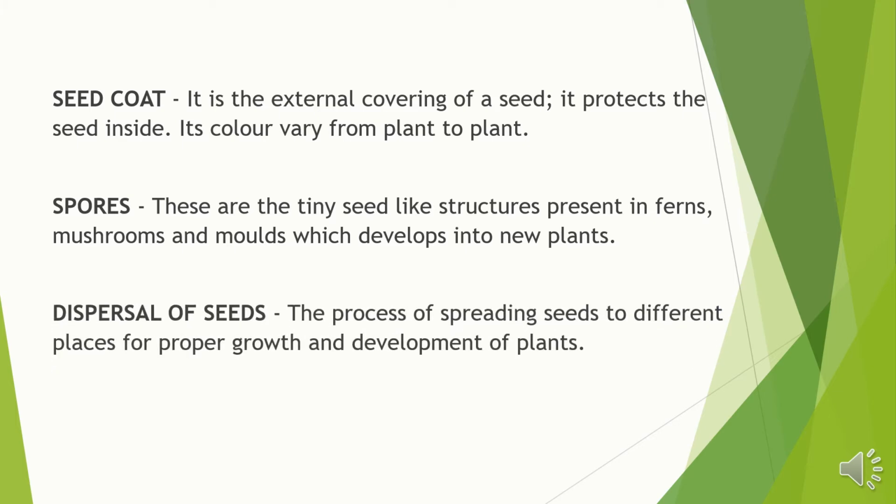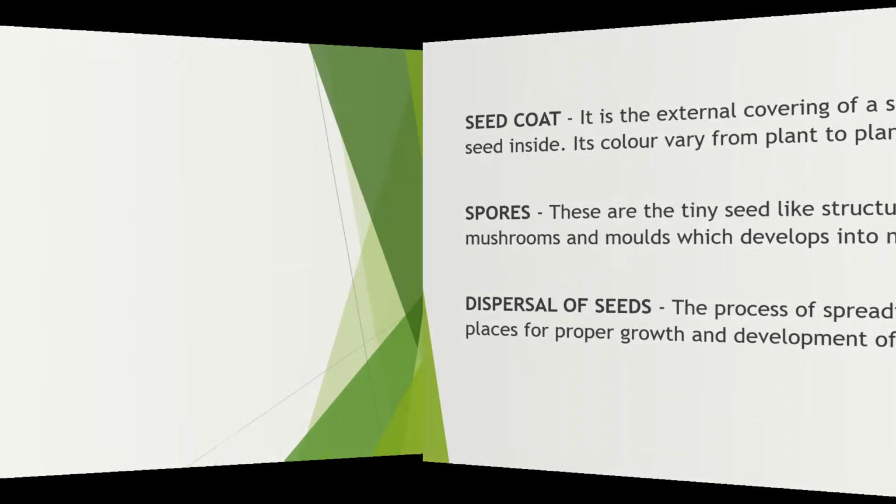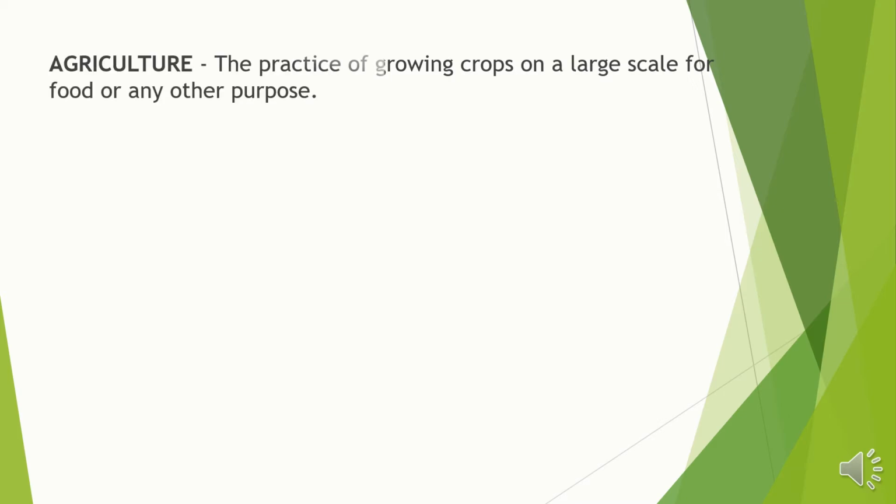Dispersal of seeds: the process of spreading seeds to different places for proper growth and development of plants is known as dispersal of seeds. Agriculture: the practice of growing crops on a large scale for food or any other purpose is known as agriculture.